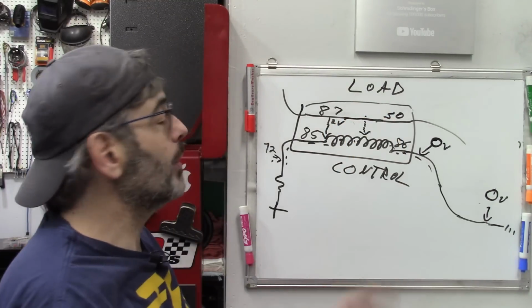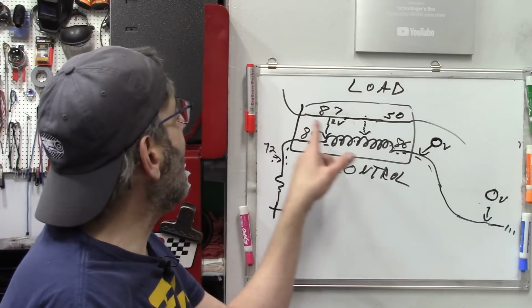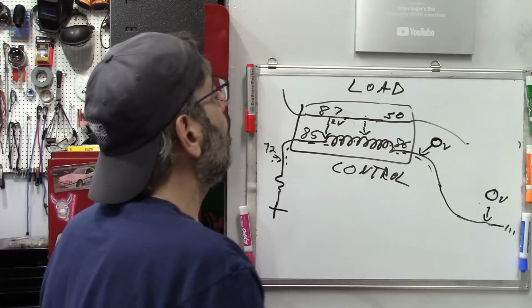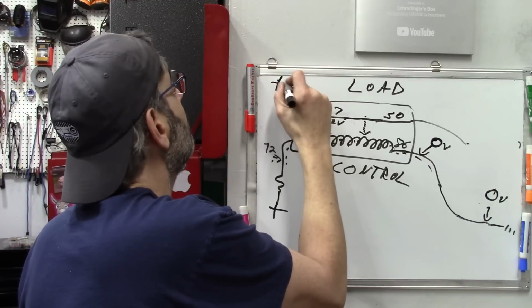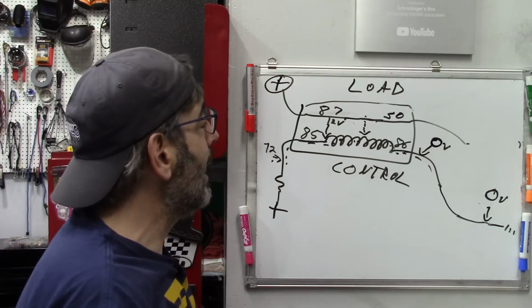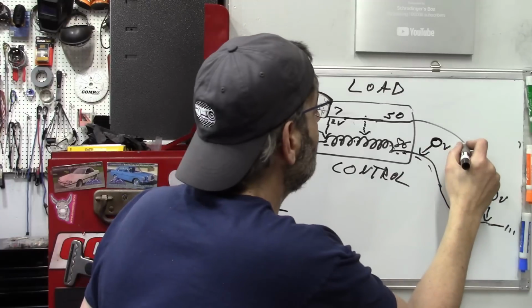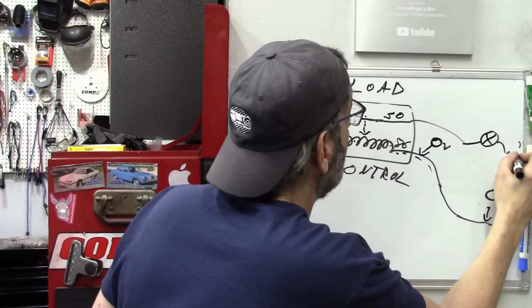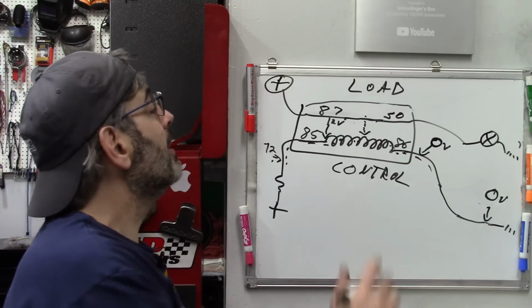And now with the relay active, we have continuity or connection on our load side. Typically the load side will also have a full-time positive, but then it's going to go to something, in this case our headlights, which will then go off to a ground.